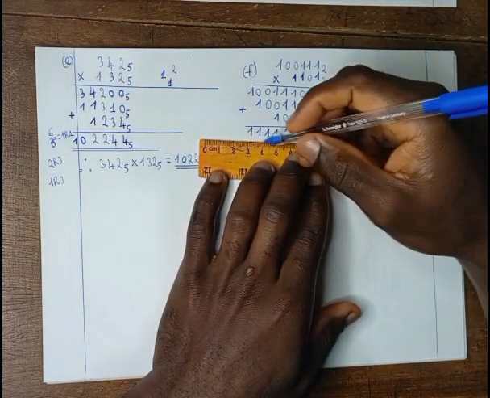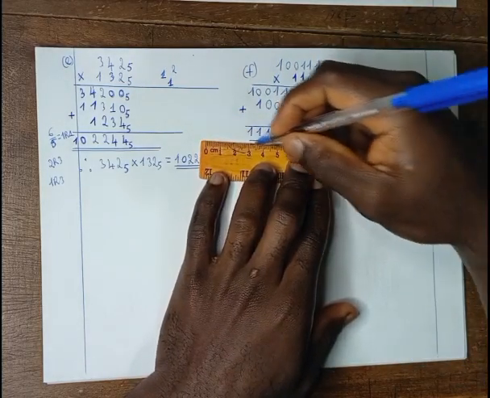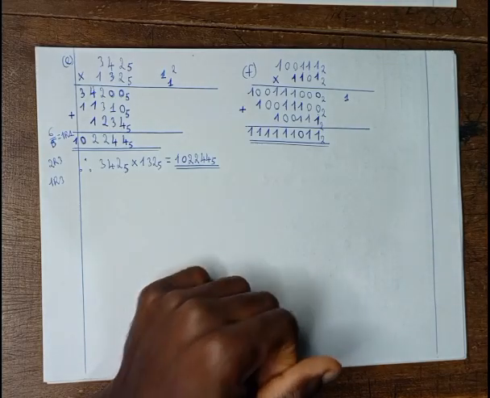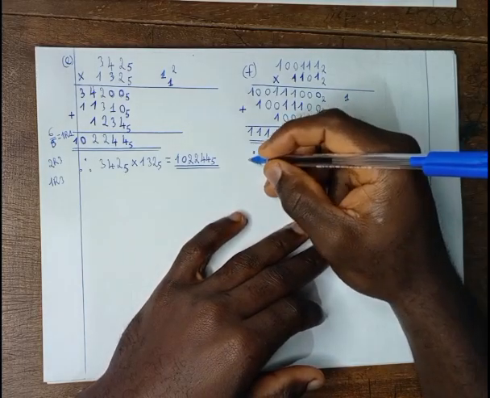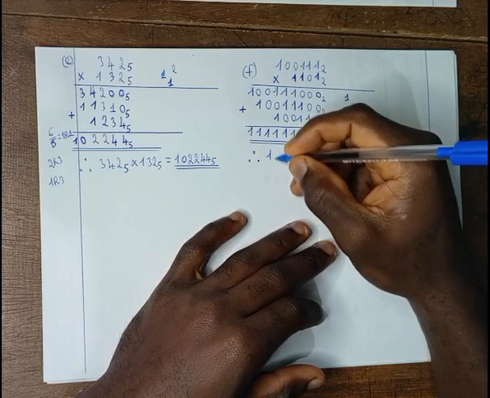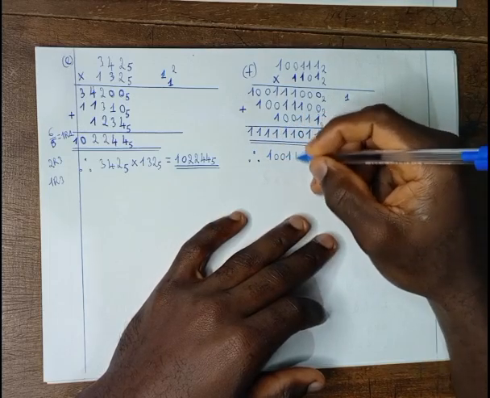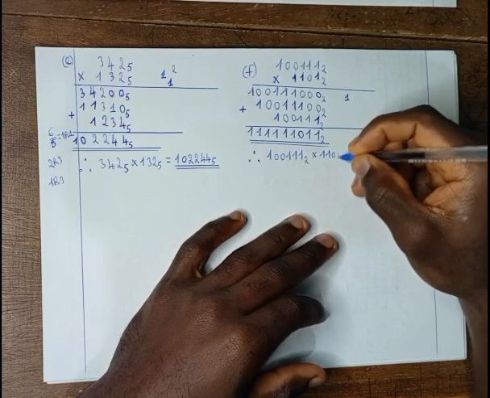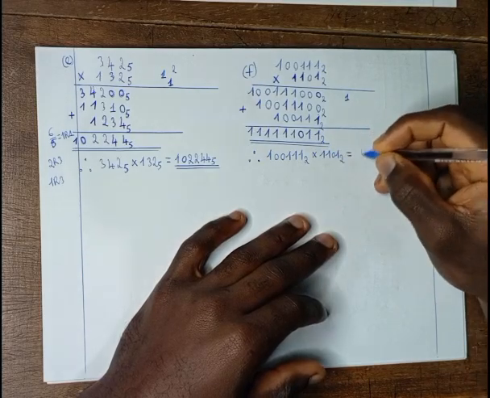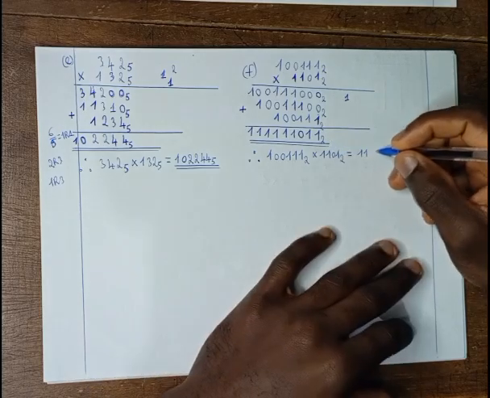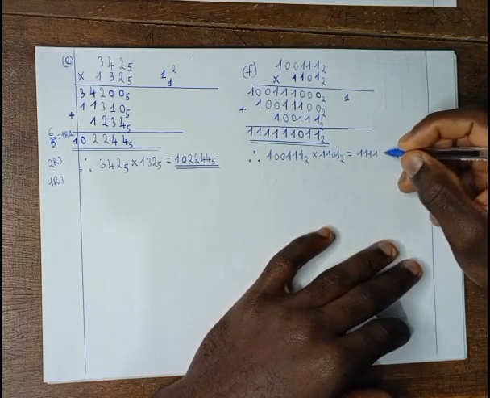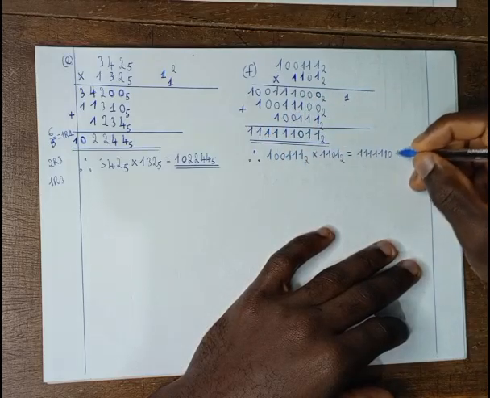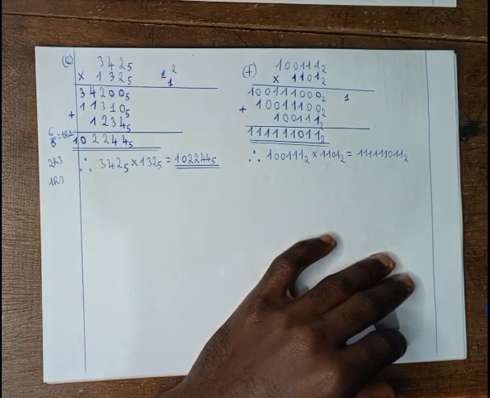This will give us a result of 1, 1, 1, 1, 1, 1, 0, 1, 1. Therefore, 1, 0, 0, 1, 1, 1 in base 2 times 1, 1, 0, 1 in base 2 is simply equal to 1, 1, 1, 1, 1, 1, 0, 1, 1 in base 2.